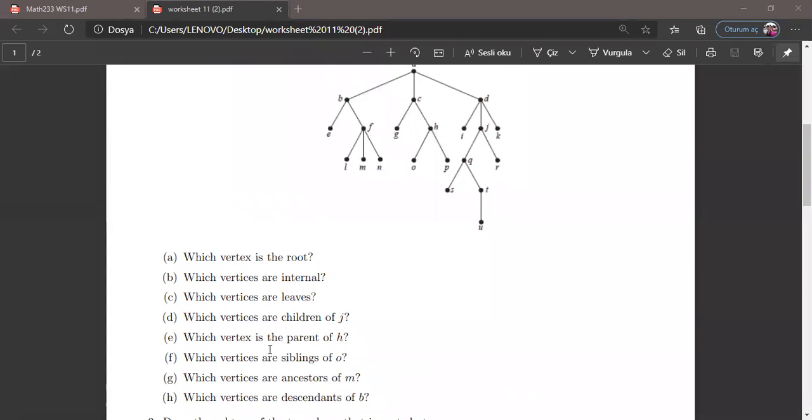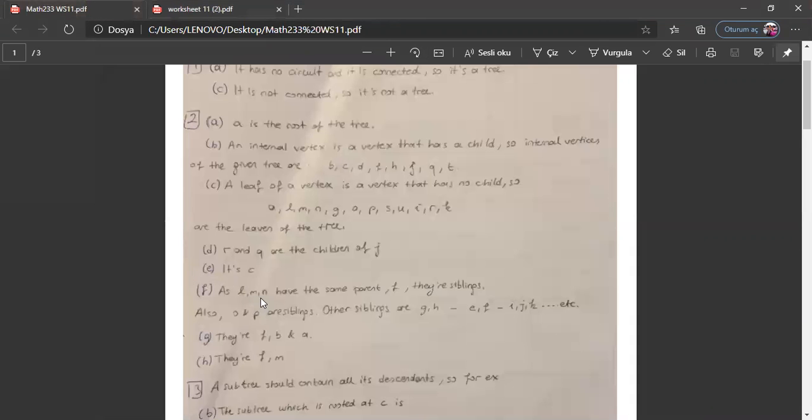So what's the parent of H? It's C, obviously, right? The vertex before H on the above, through the root, okay? And what are the siblings of O? It's P because they have the same parent, right? Here you see, before we had C, right?